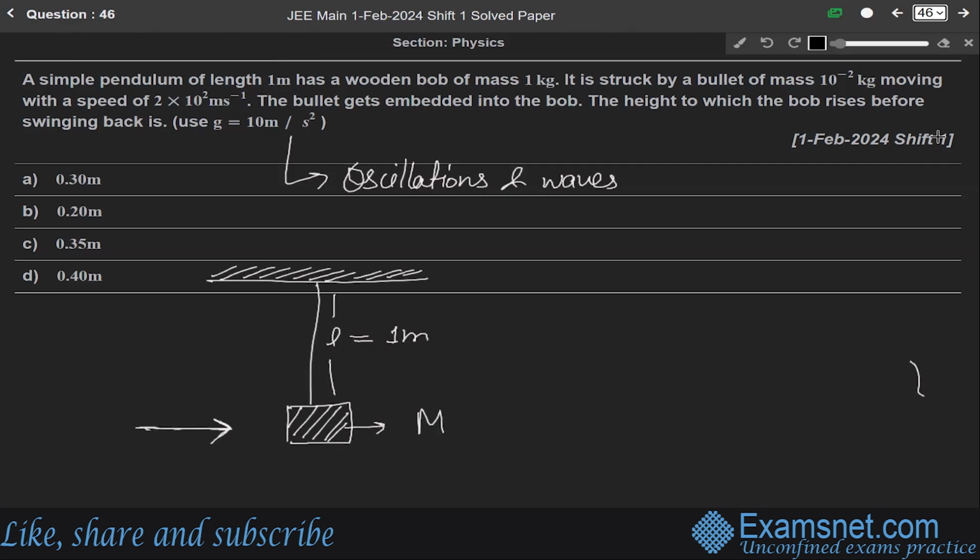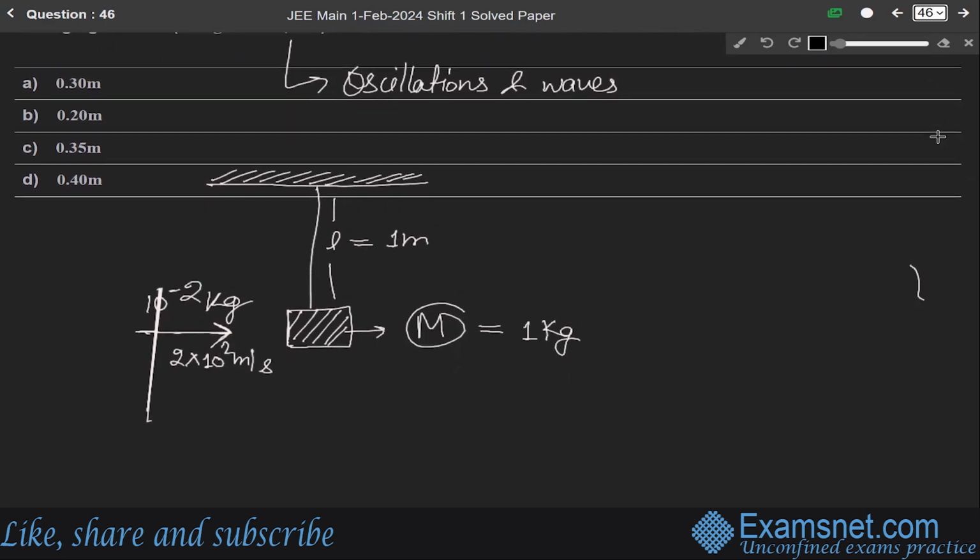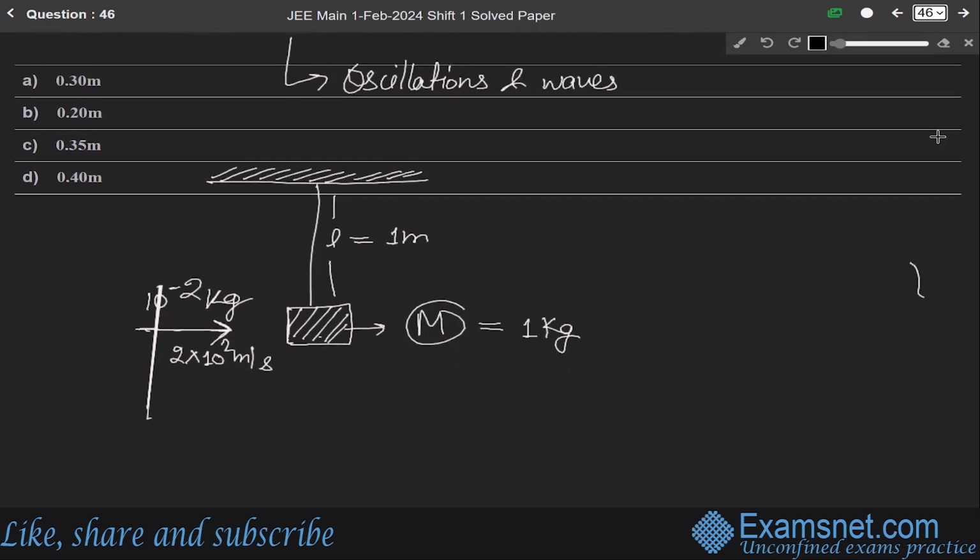This bullet gets embedded in this block of mass M equals 1 kg. The bullet has a mass of 10 to the power minus 2 kg and is moving with a speed of 2 into 10 to the power 2 meter per second. We have to find the height to which the bob rises before swinging back.